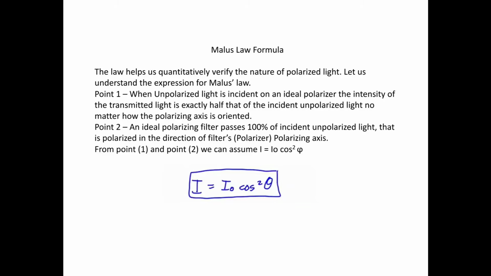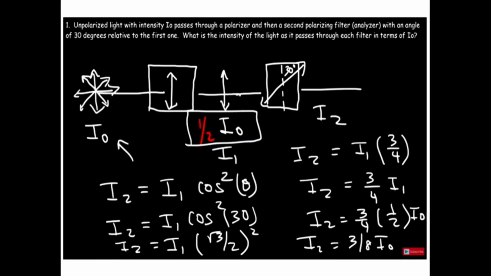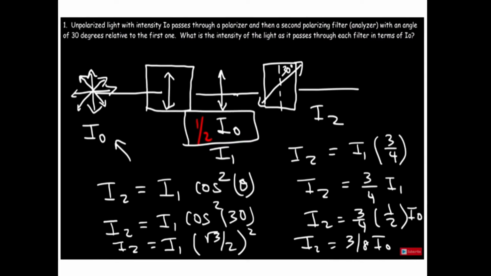In point 2, an ideal polarizing filter passes 100% of incident light that is polarized in the direction of the filter. Now we can combine point 1 and point 2, and we have this formula, I = I0 times cosine squared. This is one example of Malus' law of polarization.